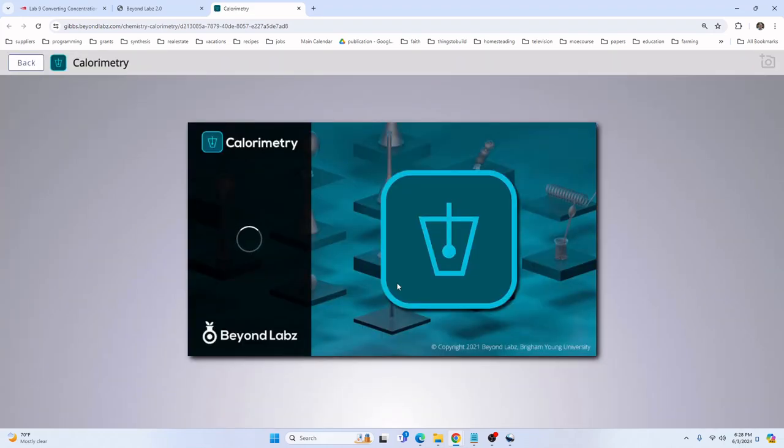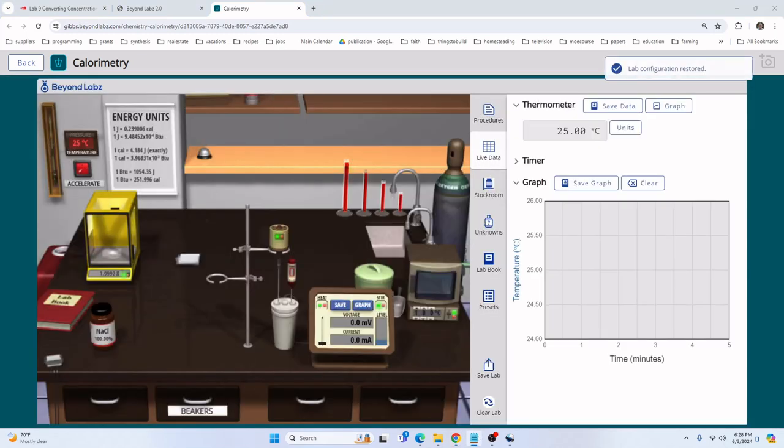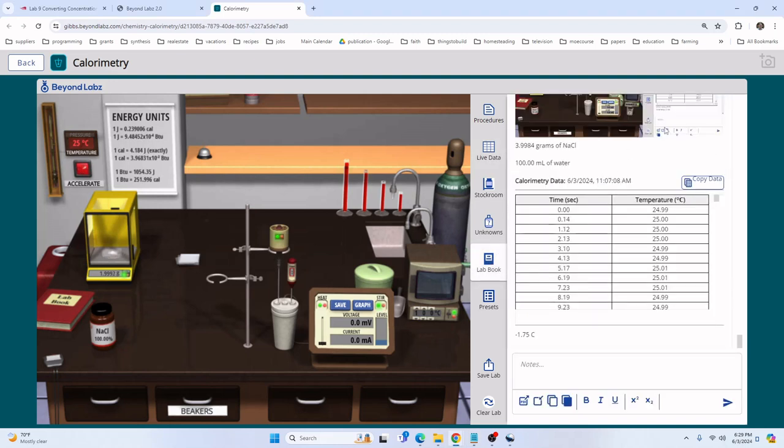This will load up the calorimetry lab in Beyond Labs. When the lab starts, we have sodium chloride on the lab bench, but we already have 2 grams of sodium chloride on the balance. Let's go ahead and note the sodium chloride in our lab notebook.